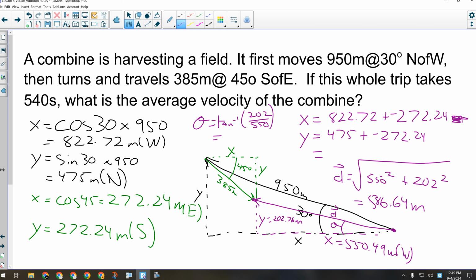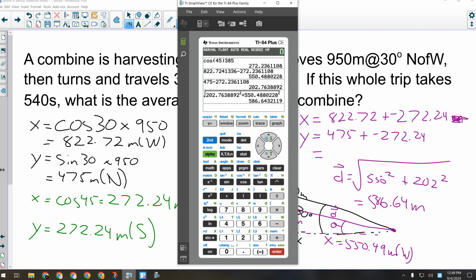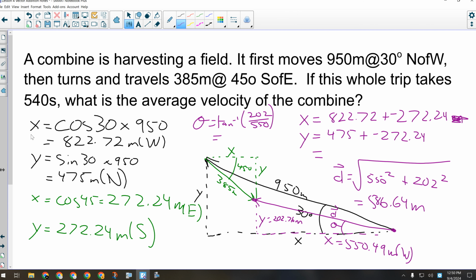Again, I'm going to keep all the decimals in my calculator so that I get the actual answer. All right, yeah, that looks like about a 20-degree angle on my diagram. So that agrees, 20.22 degrees. And which direction is that?